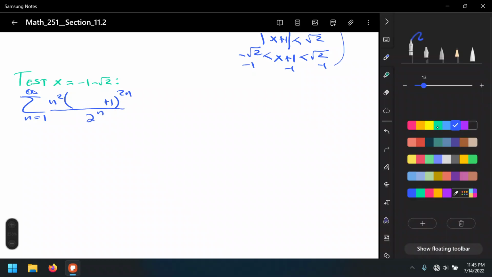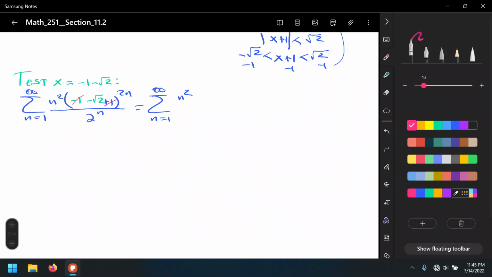Writing down negative 1 minus root of 2, this equals the sum from n equals 1 to infinity of n squared. Notice how these ones cancel.